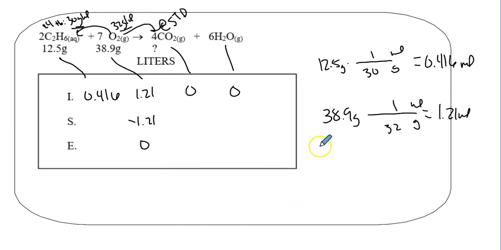So let's do that. 1.21. Get rid of the 1.21, and actually, hold on a second here. We're going to use a stoich ratio, 1.21 at a 7 to 2 ratio, so O2 to C2H6, a 7 to 2 ratio. 1.21 times 2 divided by 7 is 0.34.